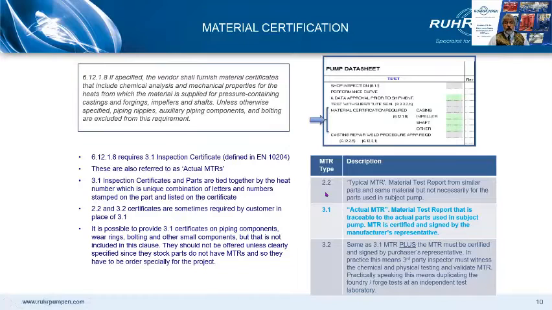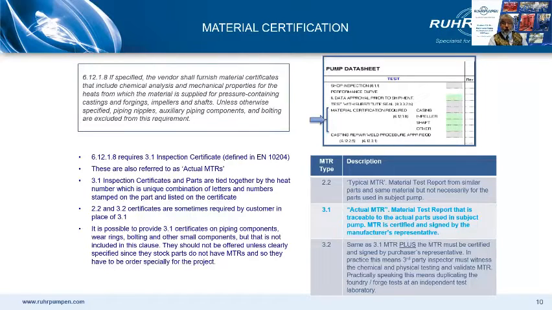The 2.2 is often called a typical MTR, and it's used for small parts, pipe fittings, bolting, wearings, bushings, stock components, components that we source from stockists, where the actual heat number is not inscribed on the part.